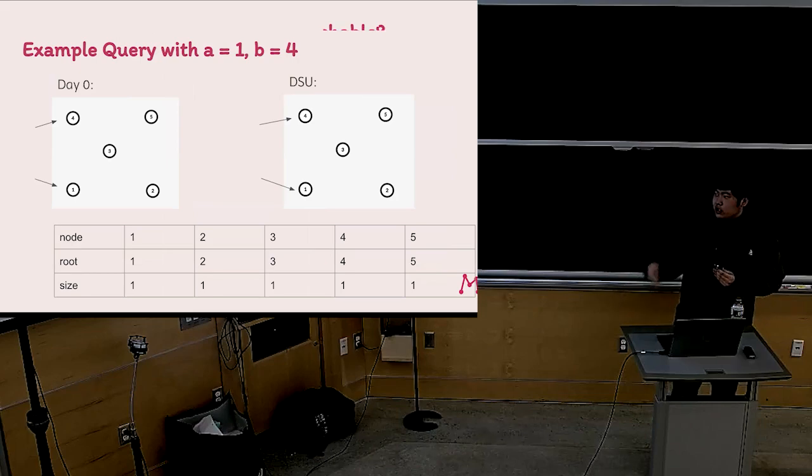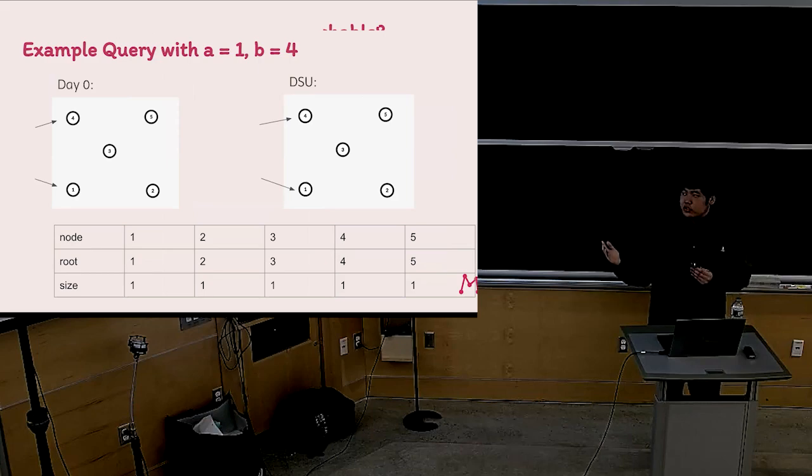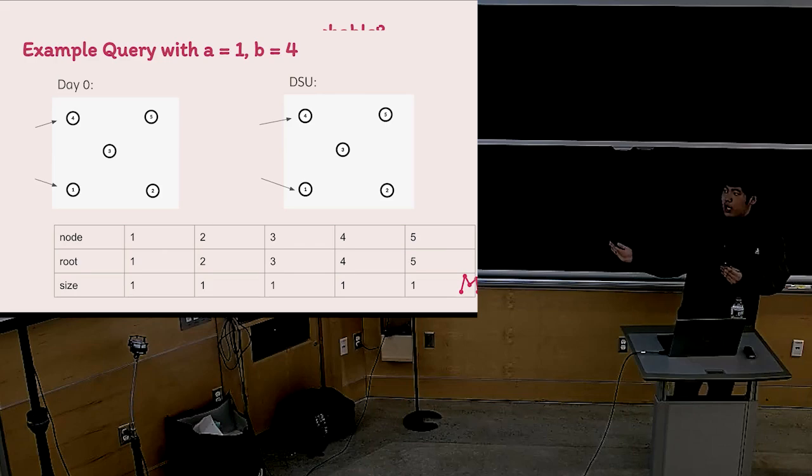For instance, let's suppose we want to find the answer for the query with a equal to 1 and b equal to 4. On the left you can see the regular graph, and on the right you can see the DSU corresponding to the graph as we add edges over time.